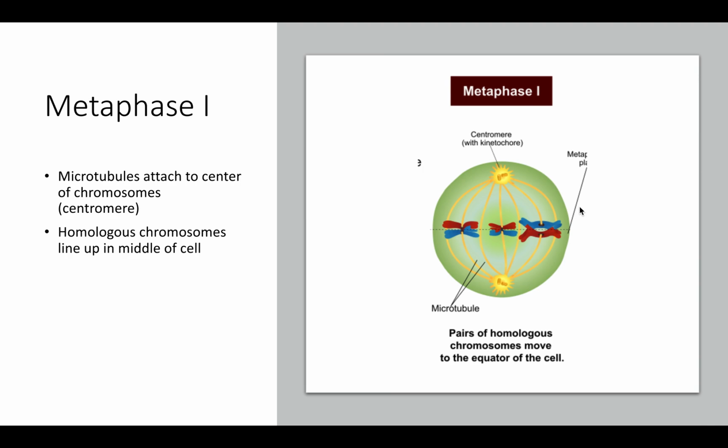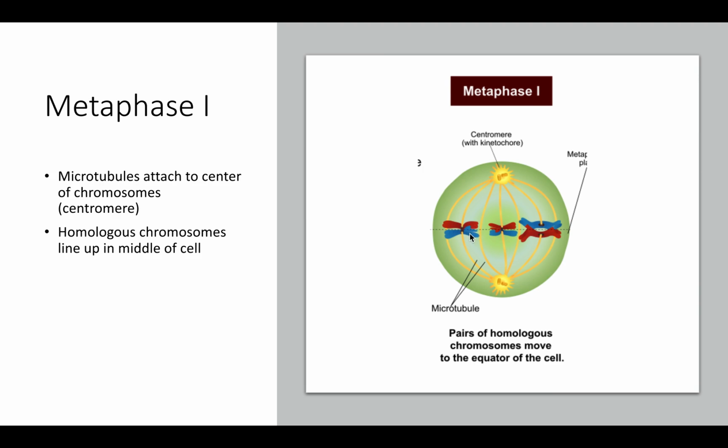Next, moving on, we have metaphase 1. Just like metaphase in mitosis, these chromosomes are going to line up in the middle of the cell, just like this, okay? So the homologous chromosomes stick together at this point, okay? So let's say the red ones are from your mom, the blue ones are from your dad, all right?